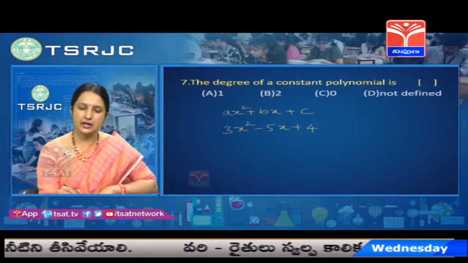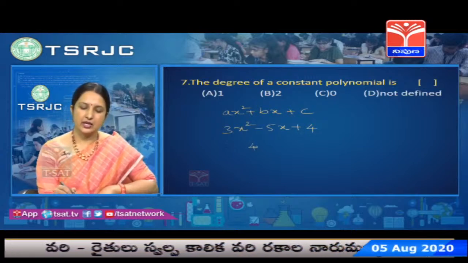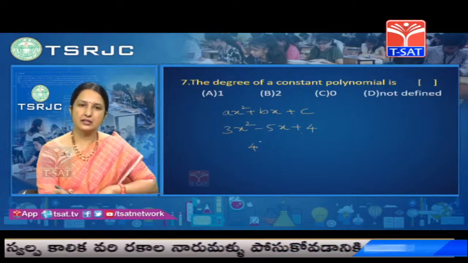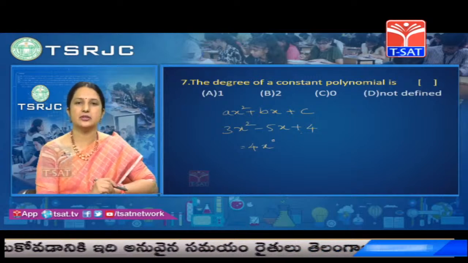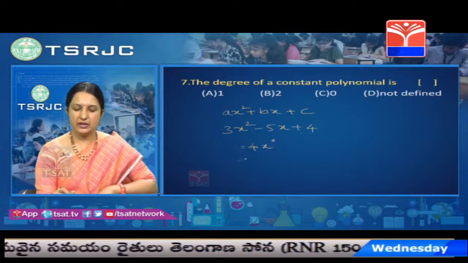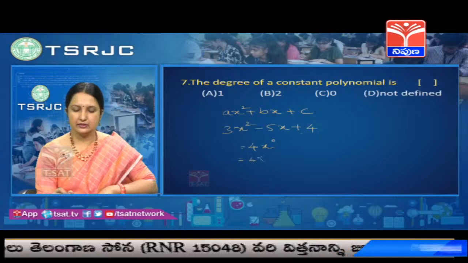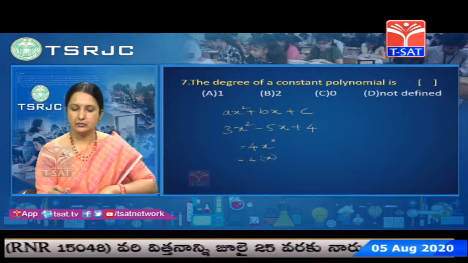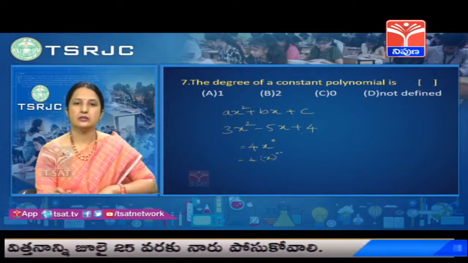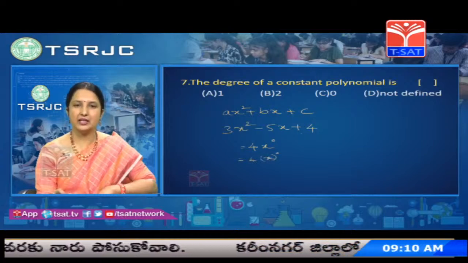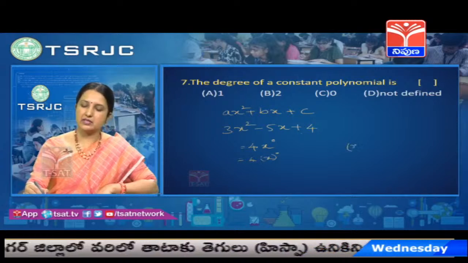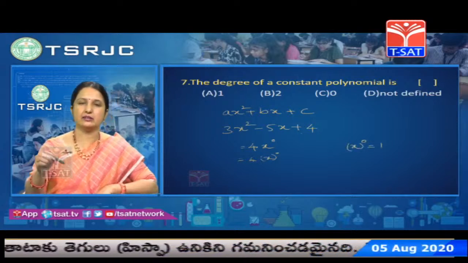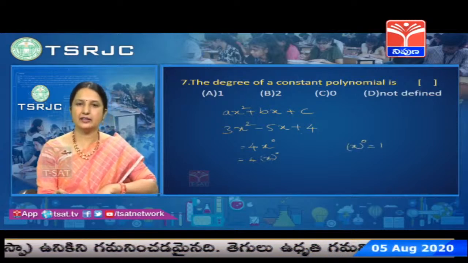But what is the degree of a constant polynomial? 4 is a constant polynomial. In this what is the degree? X power 0. That means no variable is written beside it. But here we have one variable, that is x, in that power is 0. Why? Because x power 0 equals 1. So, we are not writing it here.